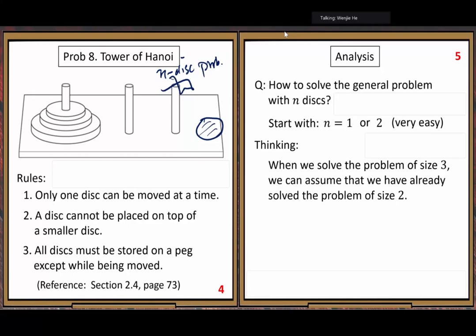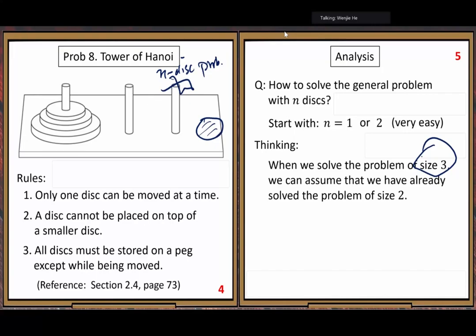When we use recursive thinking and work on the problem of the current size, here size 3 is the current size, we can assume the subproblems of smaller sizes have been solved, right? The size 2 problem has been solved.